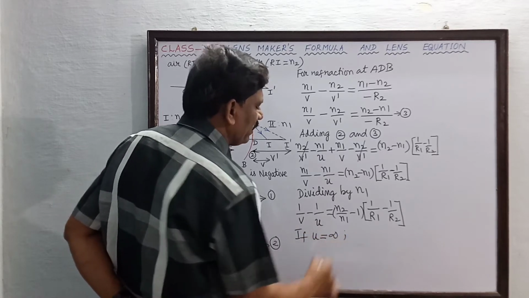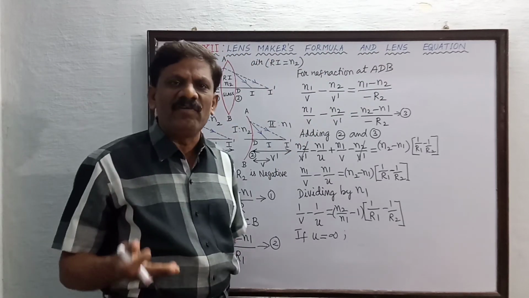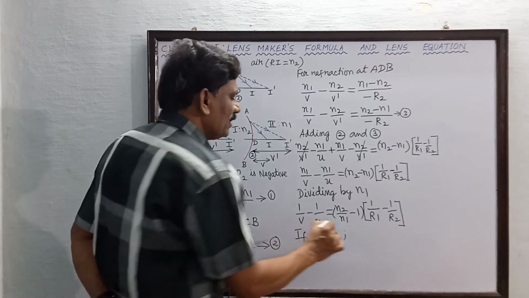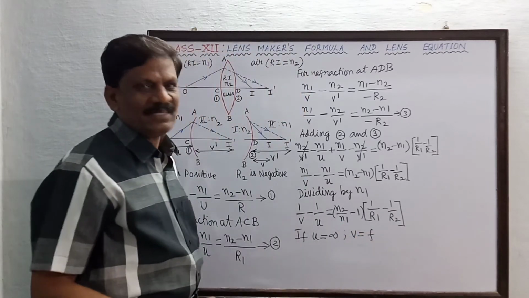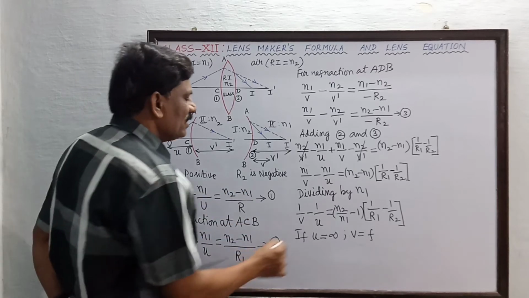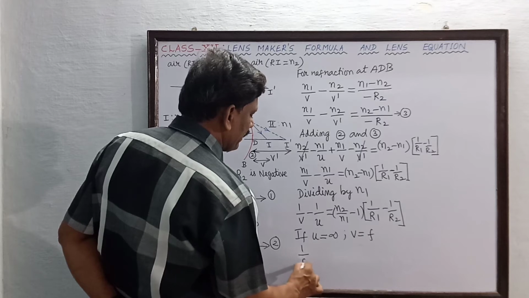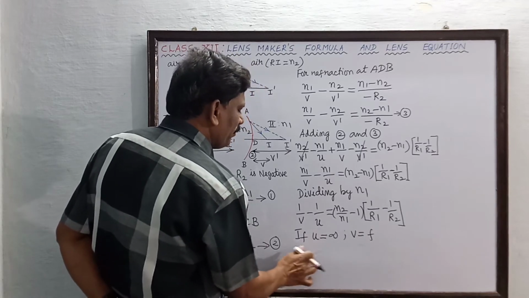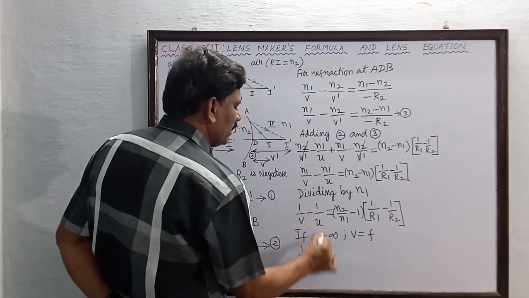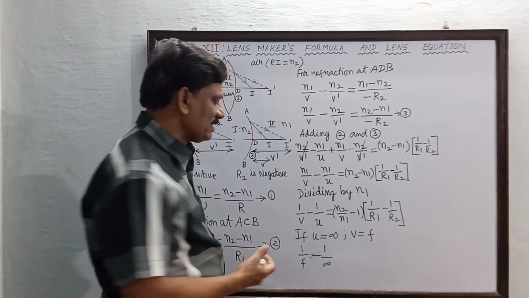Now suppose the object is placed at infinity. We have studied that when the object is placed at infinity, the image will be formed at the focus, so that the image distance v is equal to the focal length. Is it not? I am going to substitute that condition. So 1 by v will become 1 by f, so 1 by f minus 1 by infinity. This 1 by infinity is actually 0, so we can neglect it in the first step itself.